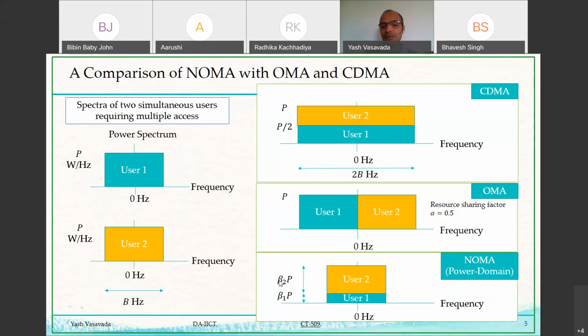The power separation is determined by the coefficients beta 1 and beta 2. For example, user 1 signal may be allotted a smaller power compared to user 2. So this is a graphical illustration of what I just mentioned on the previous slide.